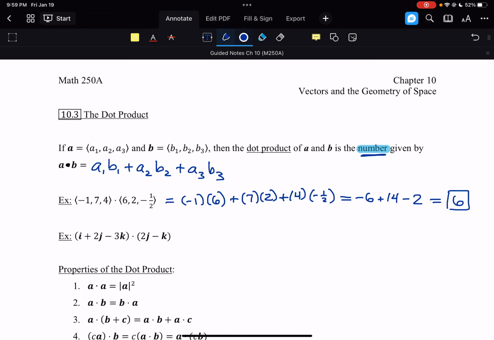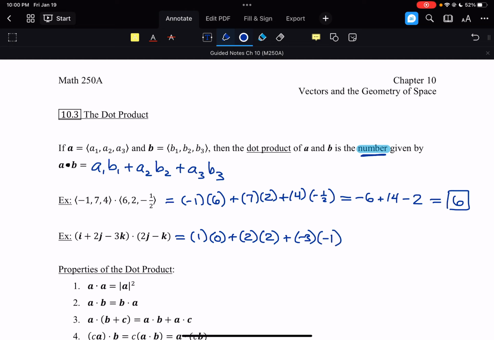For these vectors down here, i plus 2j minus 3k, dotted with 2j minus k. We're going to multiply the corresponding components. So we're going to have 1i, and over here there are no i's, so that's a 0 component. So 1 times 0 plus the j's, 2 times 2, plus -3 times -1 for the k's.